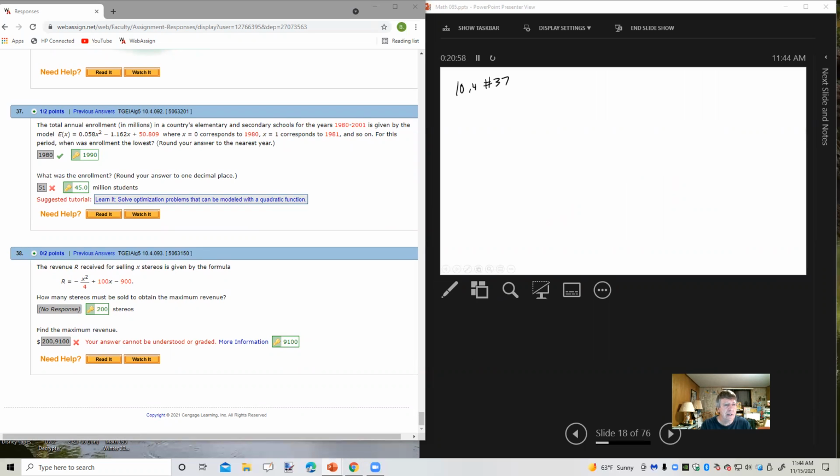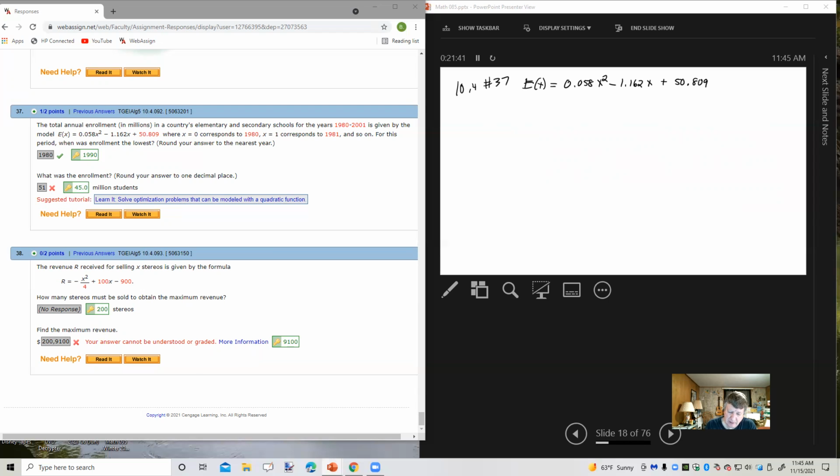The total annual enrollment in millions in a country's elementary and secondary schools for the years 1980 to 2001 is given by the model E of x equals 0.058 x squared minus 1.162 x plus 50.809. X equals 0 corresponds to 1980, X equals 1 corresponds to 1981, and so on. For this period, when was the enrollment the lowest?